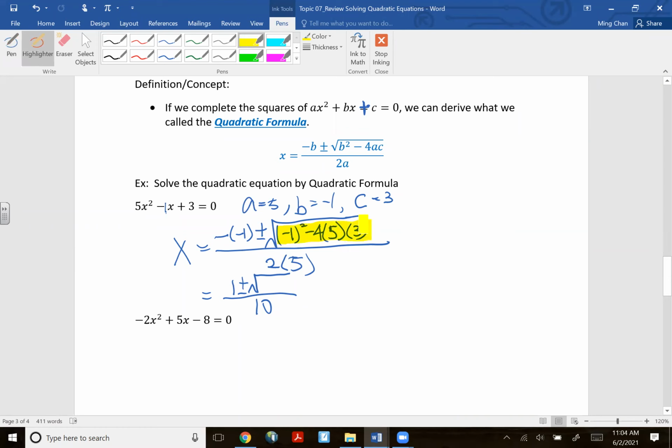All I'm going to do is type this into the calculator. That's why I purposely put the -1 in parentheses. If we type in -1 whole thing squared in the calculator, minus 4 times 5 times 3, if you're typing exactly what I wrote, 1 minus 4 times a times c, it should be -59.